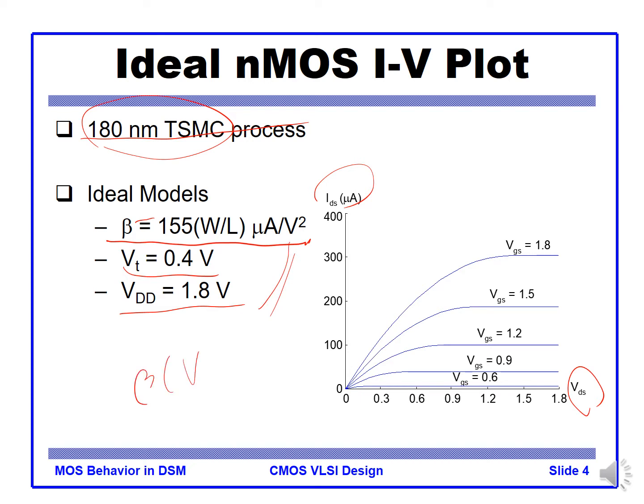Beta times VGS minus VT squared for saturation, and we have the equation for triode. So all these levels follow the ideal square law model. But in reality, it isn't that simple.